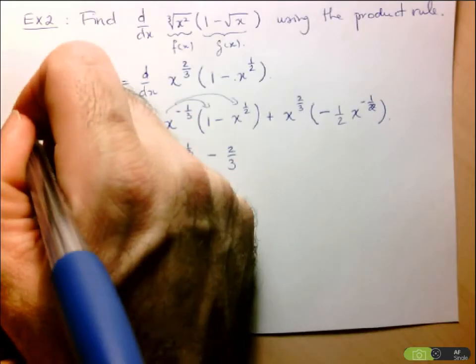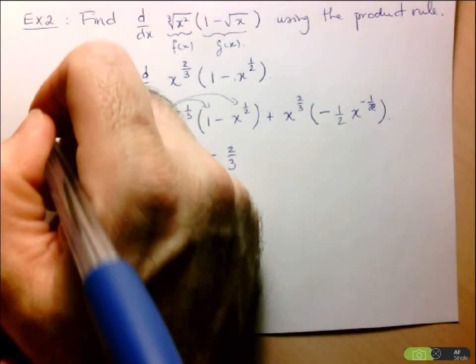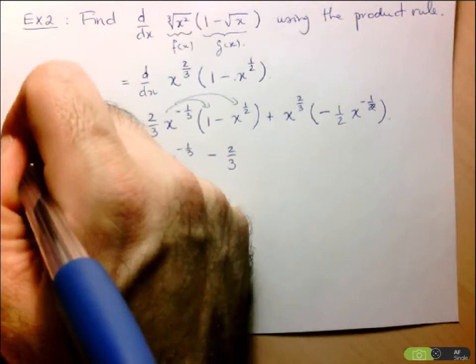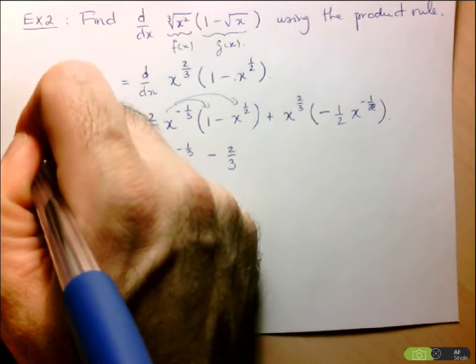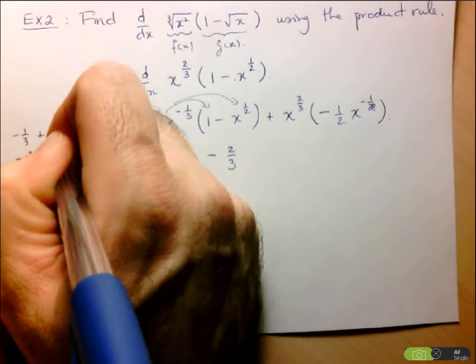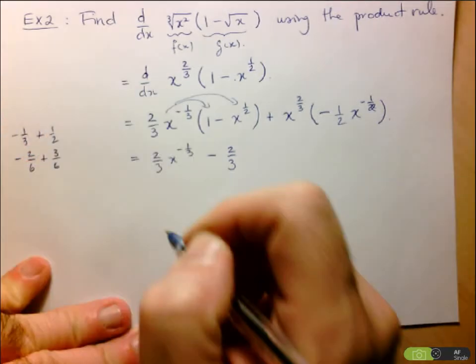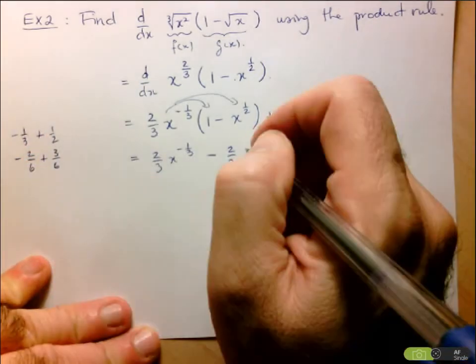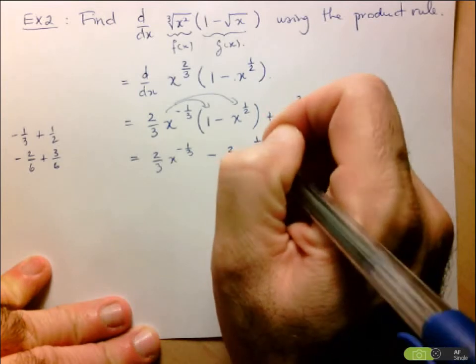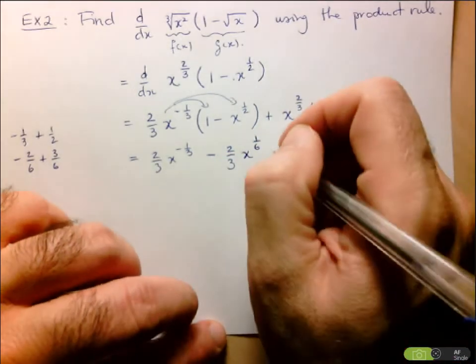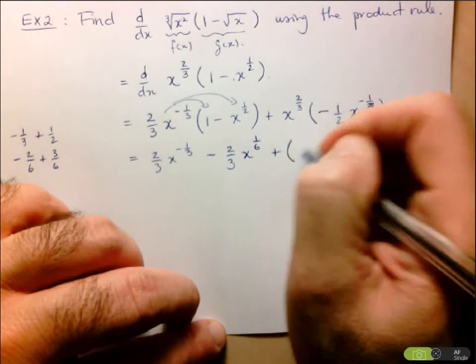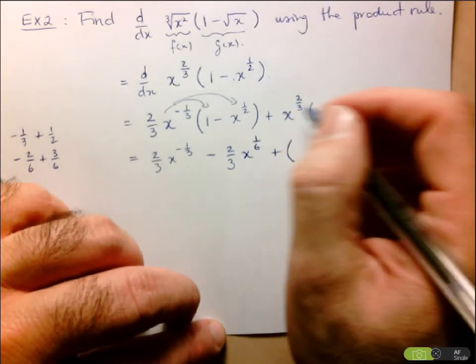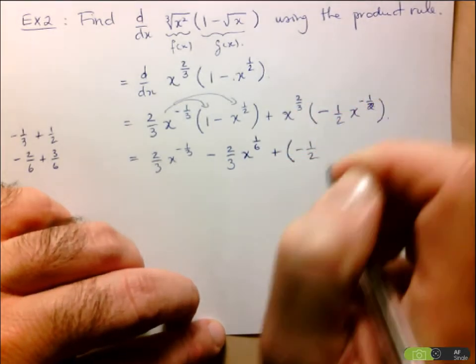So on the side, negative 1/3 plus 1/2, so that's negative 2/6 plus 3/6. So here we've got our end result of 1/6. Plus here, we have x to the 2/3 times this, so it's going to be negative 1/2.